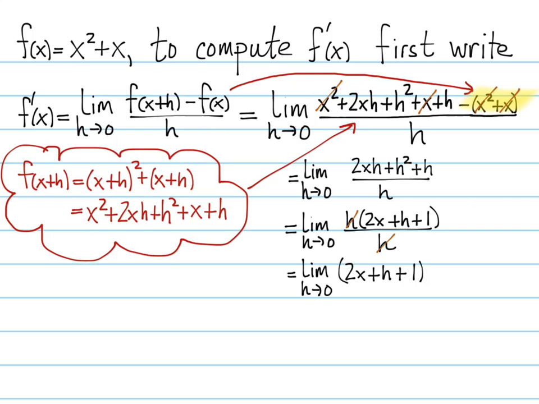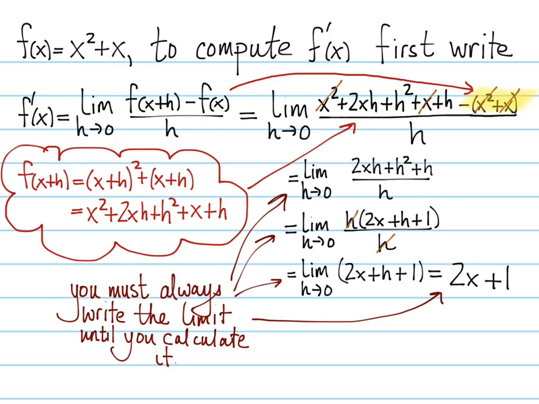And when we do that, we're left with the limit as h goes to 0 of 2x plus h plus 1. The only appearance of h is here in the center between 2x and 1, and as we let h go to 0, that's just going to disappear. And so what we're left with is 2x plus 1.